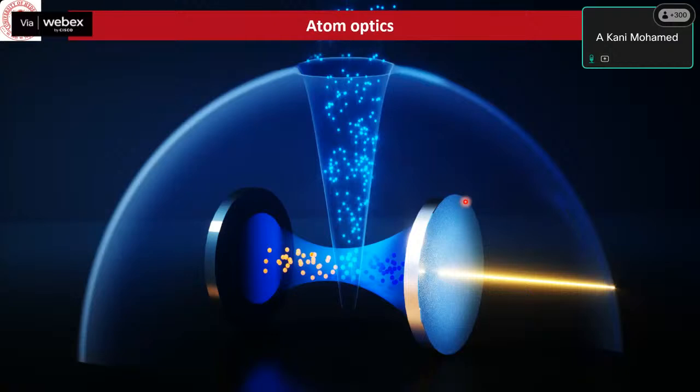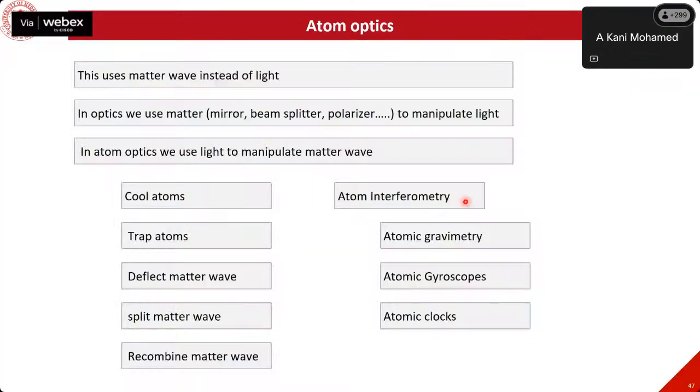But here we are going to use atoms, more specifically matter waves and the interference of the matter waves, in order to estimate certain physical parameters that affect the interference pattern. So it basically comes from atom optics, not normal laser or light optics. This uses matter waves instead of light waves.